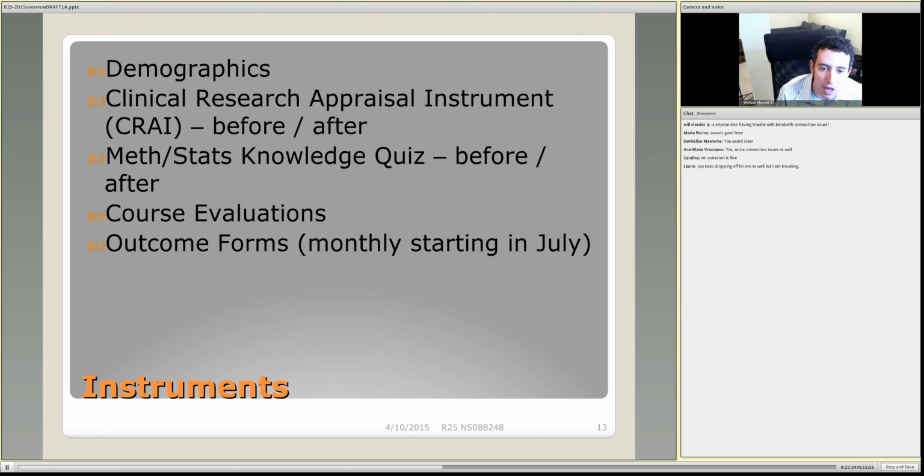We won't survey you monthly forever. They will de-escalate to quarterly and perhaps annually over the course of our grant, but we do want to see what's going on with you over time and what's happening with the trajectory of your career. So the instruments are a key part of how we measure the effectiveness of our course. Similar to the visits after a treatment in a clinical trial, you have to have your patients visit with you afterwards so you can see how they're doing.